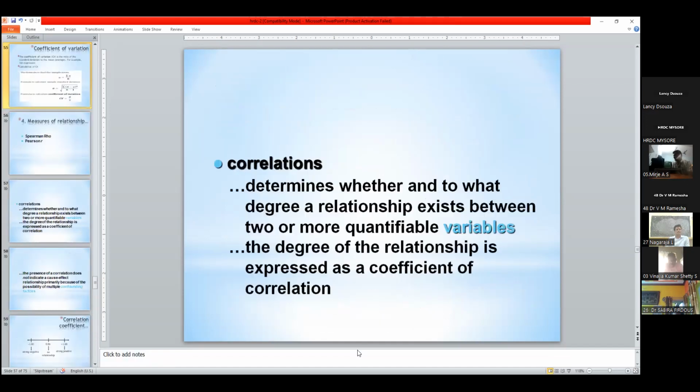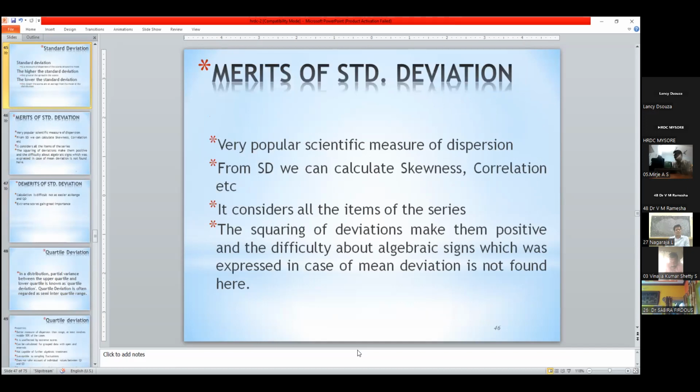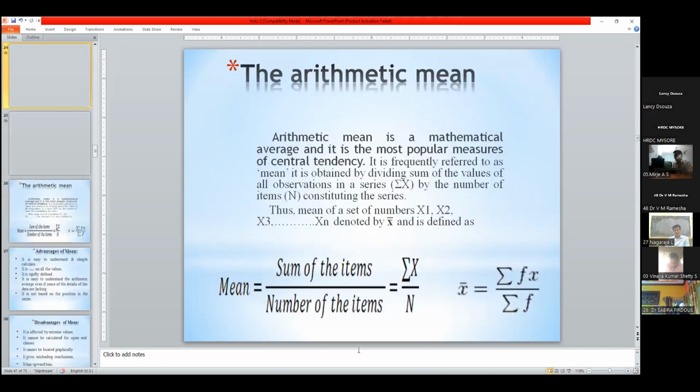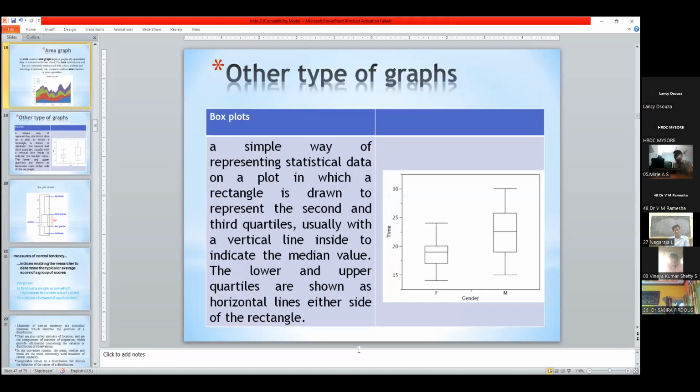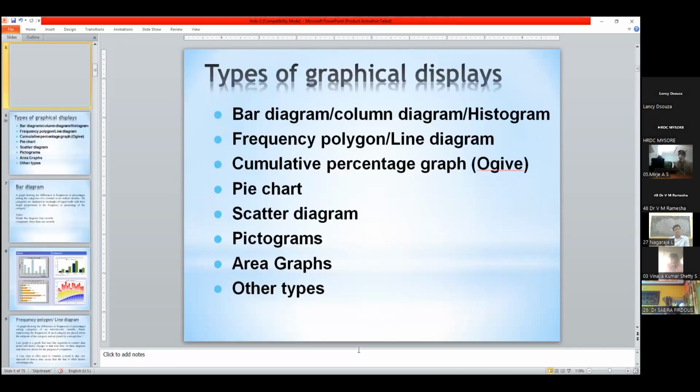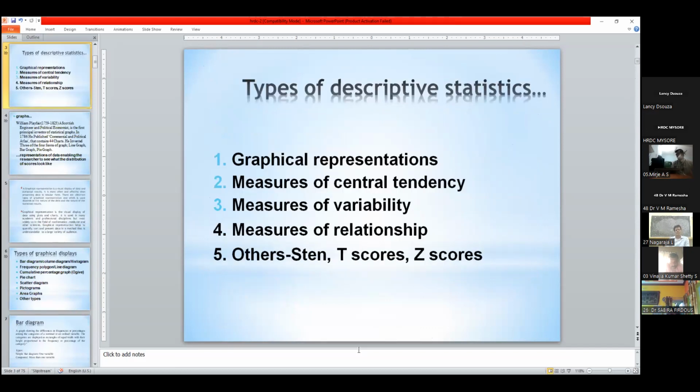Going back to our original first level, here you can see what all we could do with descriptive statistics. You can present your descriptive data in the following ways: graphical representations, measures of central tendency, measures of variability, measures of relationship, sten scores, stanine scores, T scores, and Z scores.